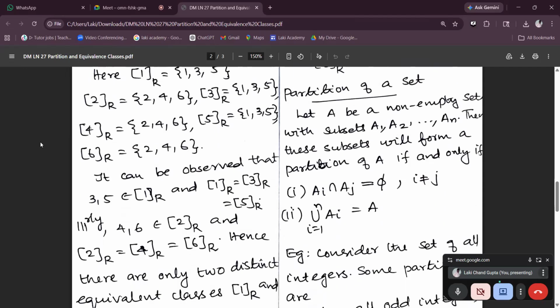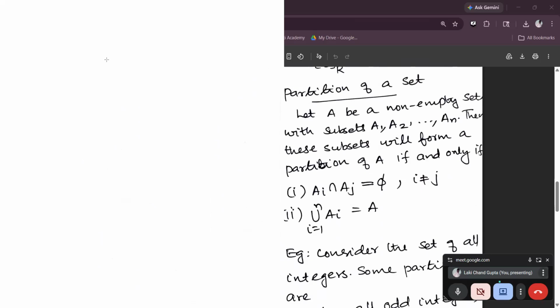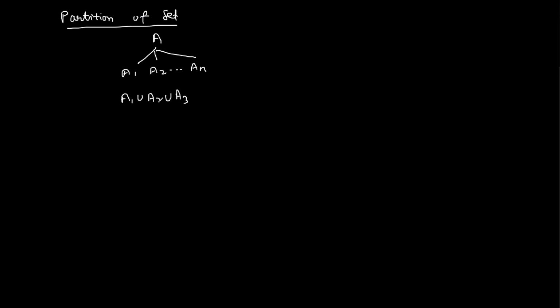Partition of a set. Suppose a set A is there, and you divide the set into many parts such that A1 union A2 union A3 union up to AN is A, and A1 intersection A2 intersection A3 and so on is empty.